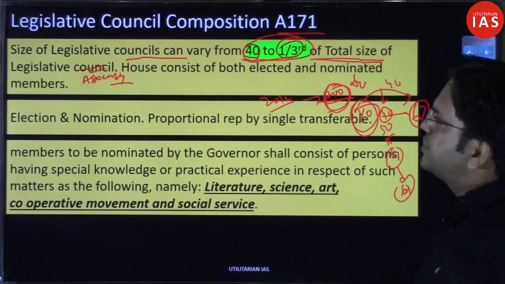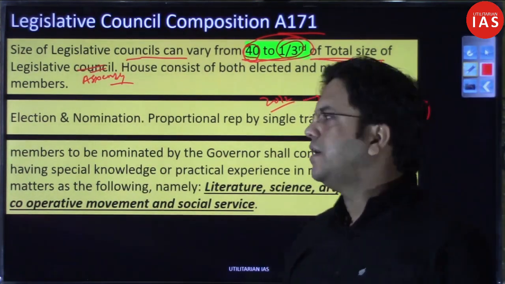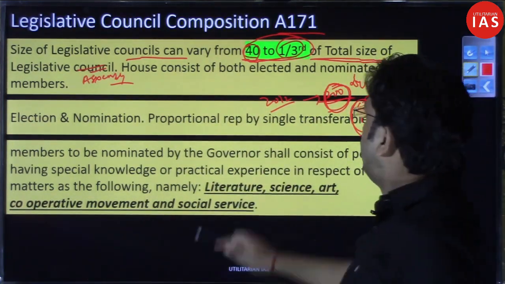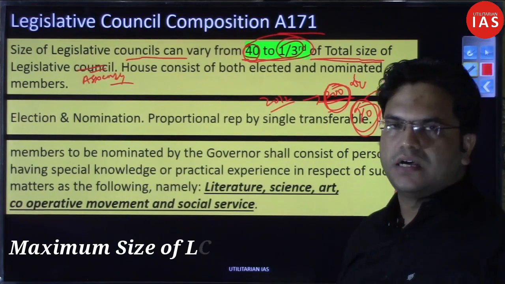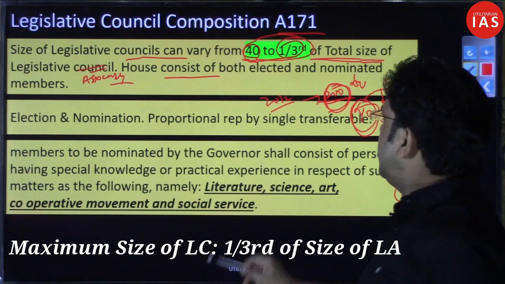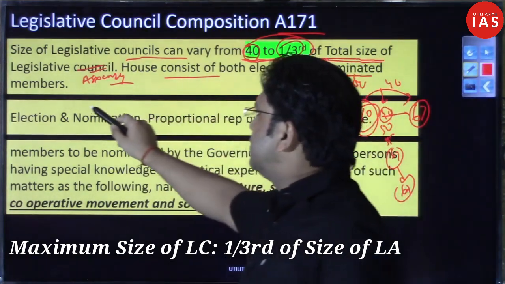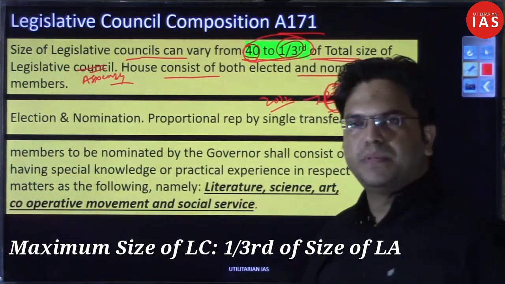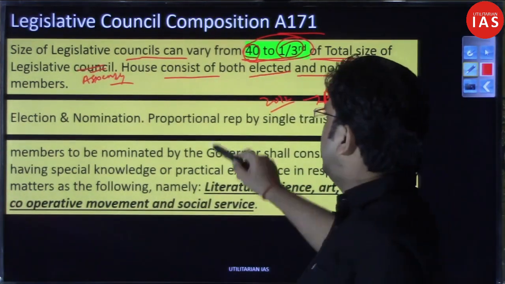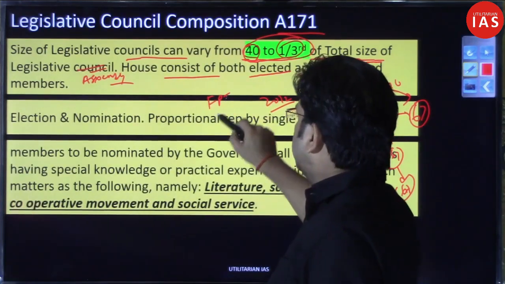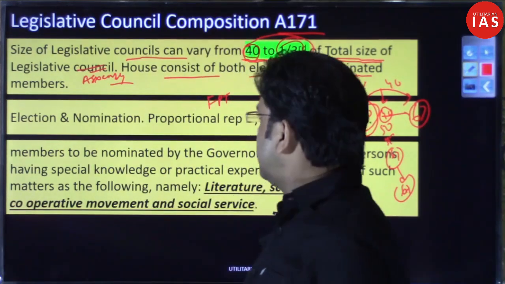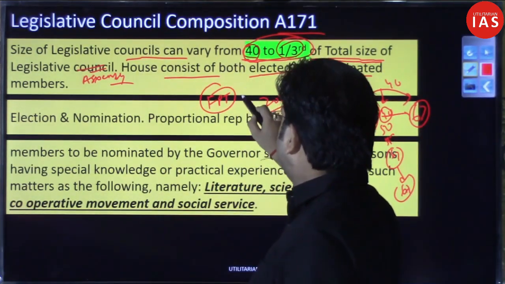That is the point, and it has been mentioned in article 171. So the size of the legislative council can vary from 40 to 1/3 of the size of the legislative assembly. The house consists of both elected and nominated members. We will see that. Most of the members are elected, but that election is not on the first past the post system, and it is not universal adult franchise where every voter is allowed.